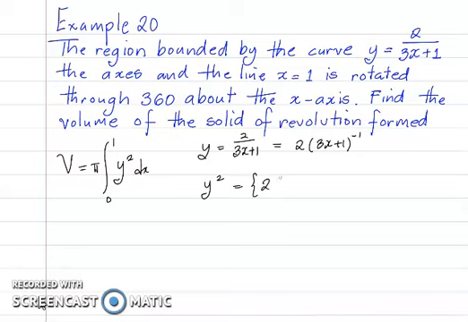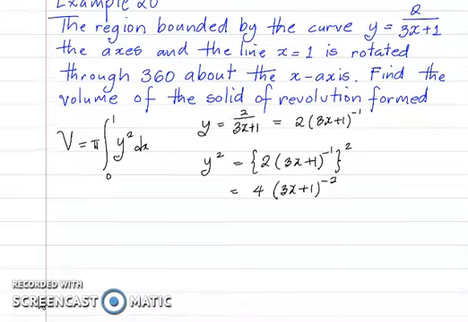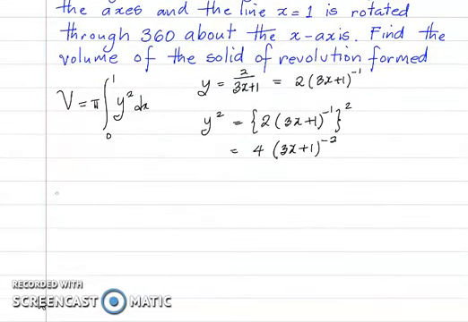So it is 2 times 3x plus 1 to the minus 1, squared, which is 4 into 3x plus 1 to the minus 2 power. So therefore, the volume V would be equal to, let's bring the 4 outside, 4 pi, the integral from 0 to 1 of 3x plus 1 to the minus 2 dx.